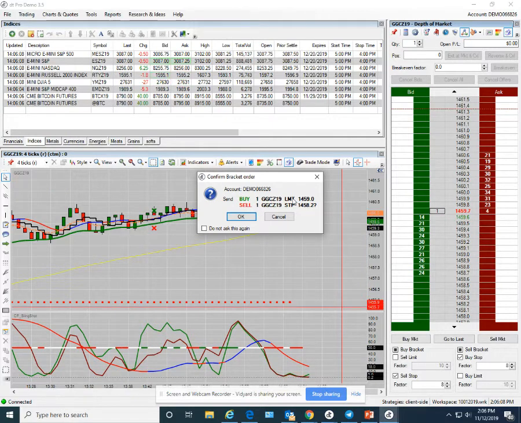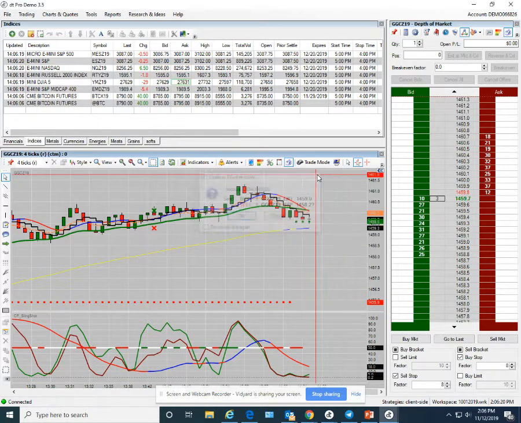A left click creates a limit order. So I'm trying to buy it below the current market price, so we left click in the green. You're saying, hey, I want my price or nothing.